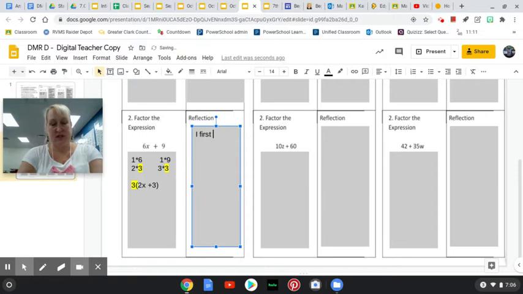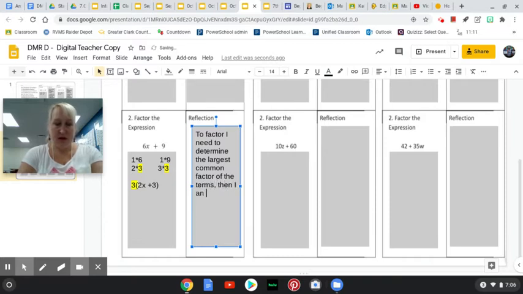At first, I need to factor. I need to determine the largest common factor of the terms.